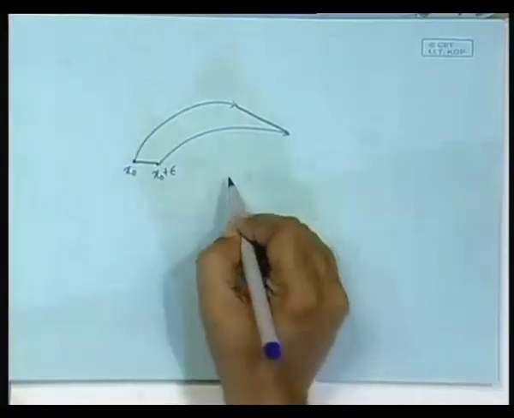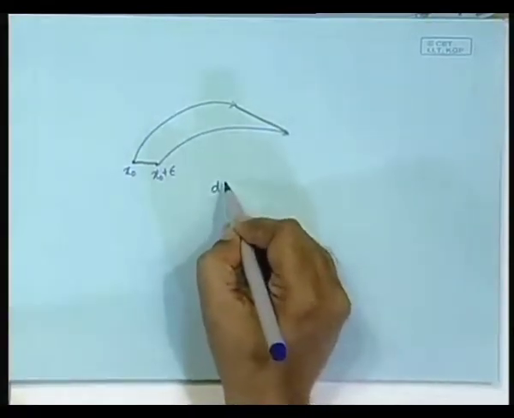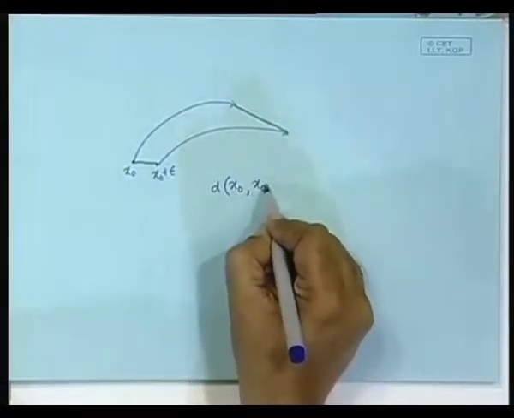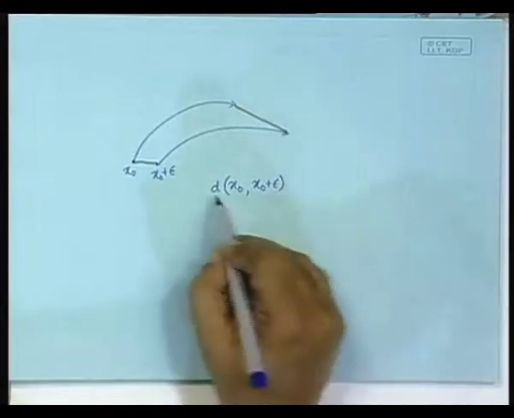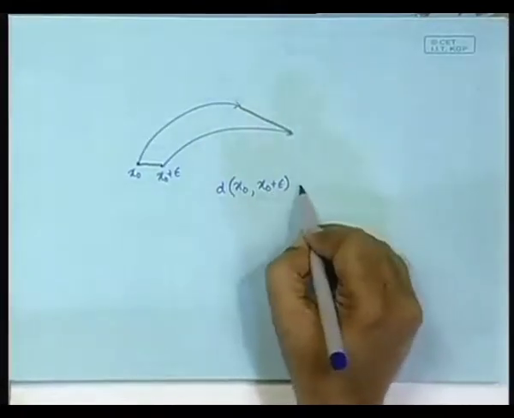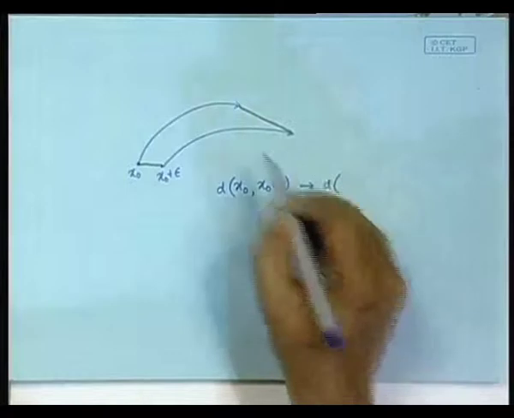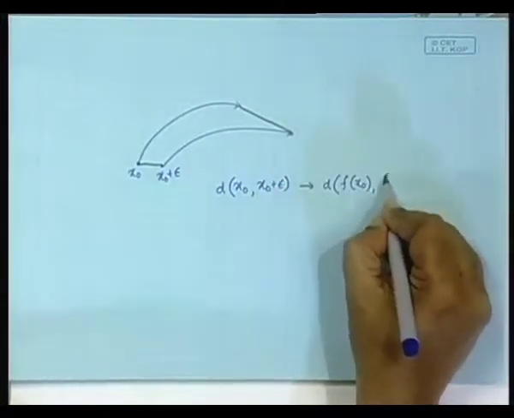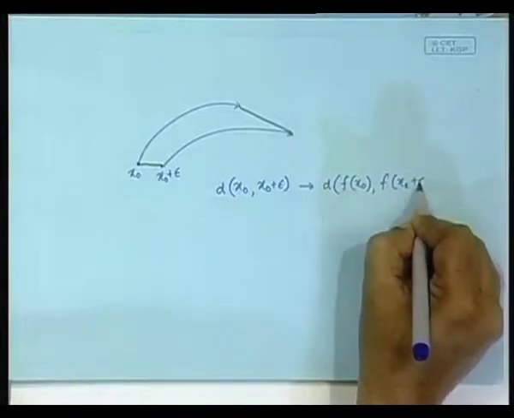So we can say that if you have the distance between x naught and x naught plus epsilon to begin with, and that becomes the distance between f of x naught and f of x naught plus epsilon.